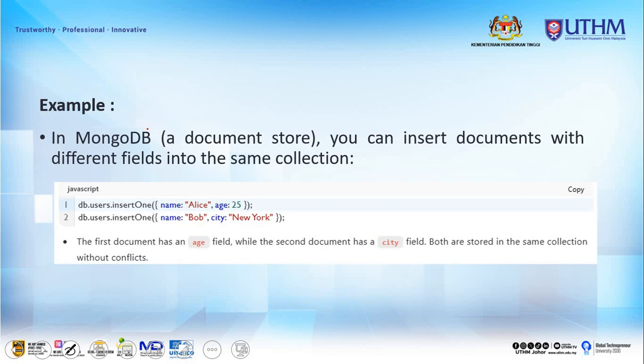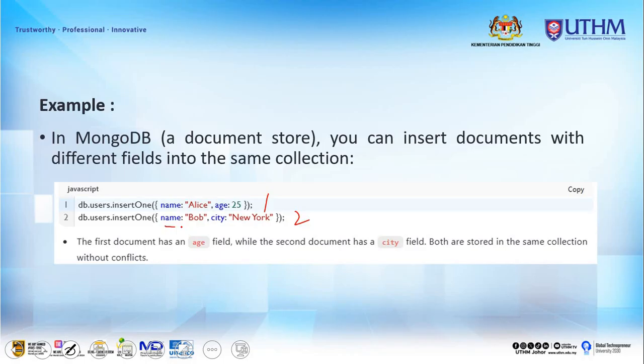Next example, you can see it here. In MongoDB, a document store, you can insert documents with different fields into the same collection. For example, we have a database users, insert 1, name Alice, and age is 25. This is the first record, and this is the second record: database users, insert 1, name Bob, city New York.